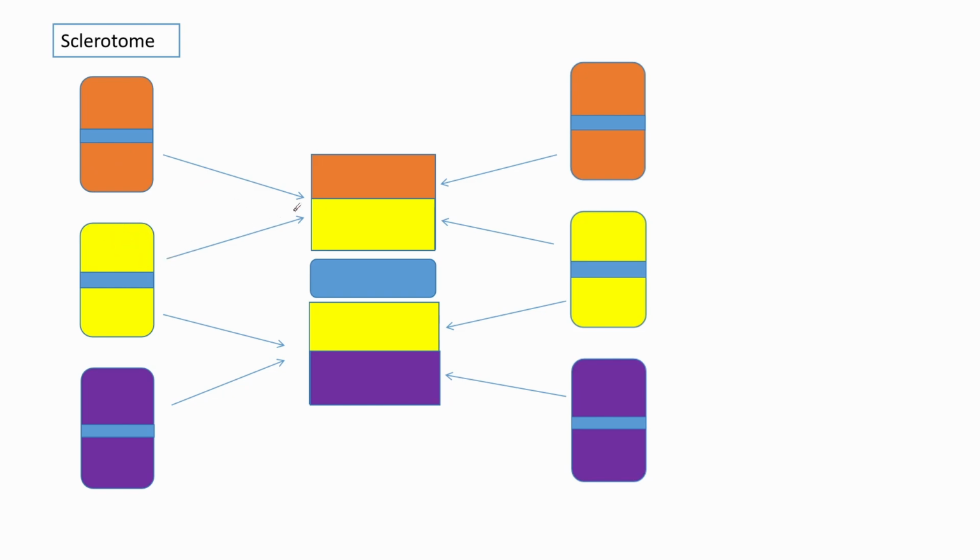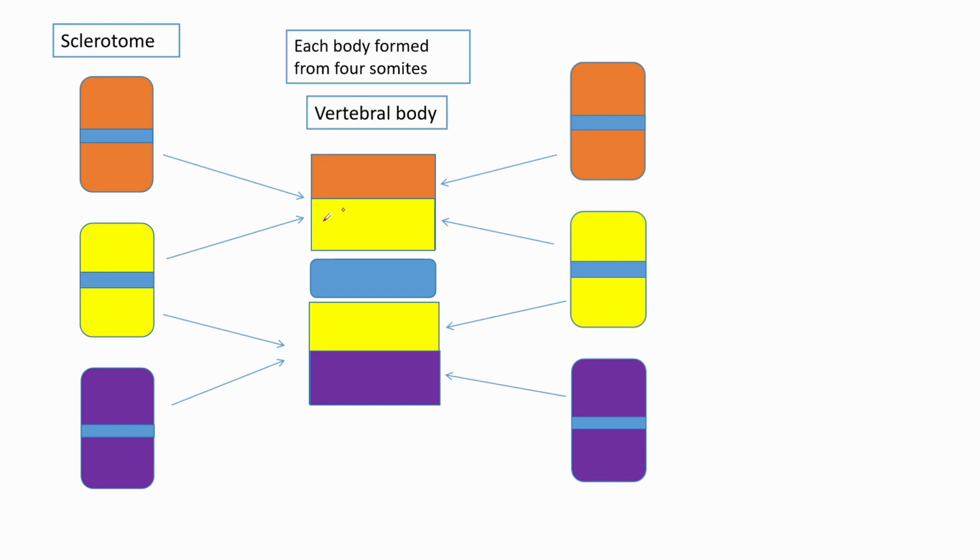They form one vertebral body. So, if we include both the sides, each body is formed by 4 somites. Somites form sclerotome, and the sclerotome form this vertebral body. So, the vertebral body will have part from 2 adjacent sclerotomes.